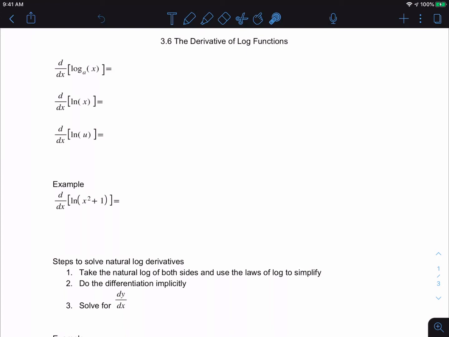There's a couple of things I want you guys to know, and so I'm going to give you some basic information. The derivative of log base A of x is going to be 1 over x ln A. The derivative of ln of x, it's one you guys will use a lot, you'll memorize this, is 1 over x.